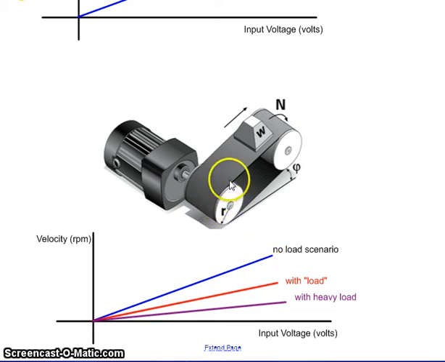But then maybe when we connect up the band and the second cylinder and the weight, that's an even heavier load. That's a lot more resistance to turning, and that produces a much more dramatic drop in the output velocity of the motor.